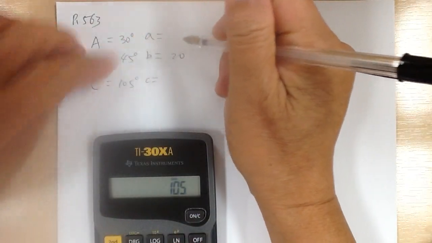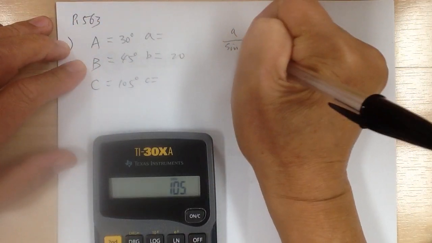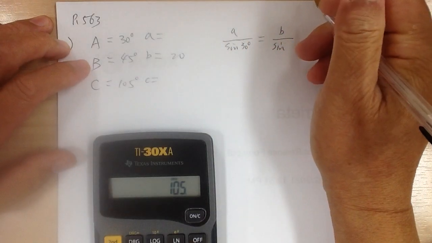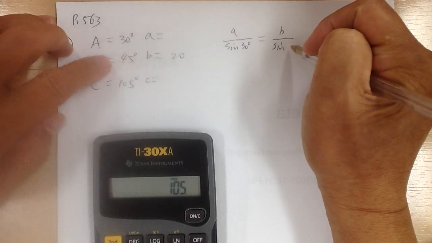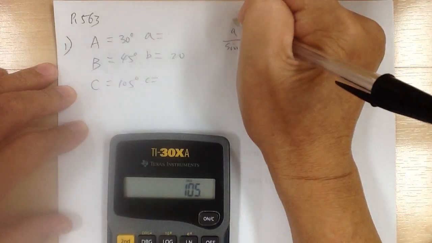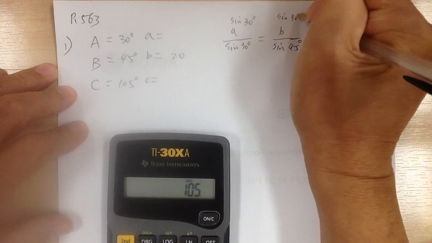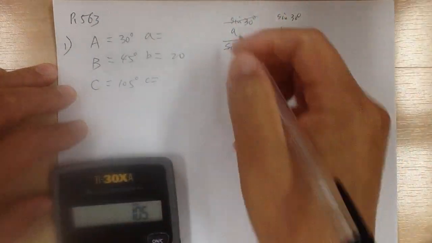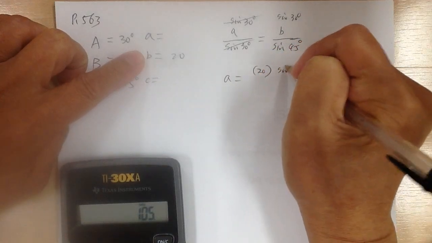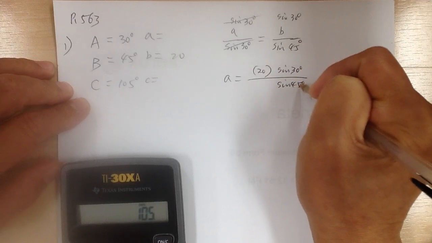And I'm going to find the length A. So I got A over sine 30 degrees equal to B over sine of 45 degrees, and multiplied by sine of 30. So that moving over, A equal to 20 times sine of 30 degrees divided by sine of 45 degrees.